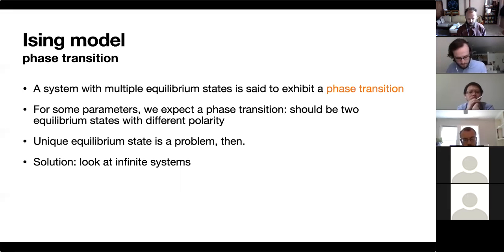I find that a little unsatisfying to just say, but we'll get back to that, building a correspondence between an ideal infinite system and a finite system. We'll definitely get back to that more explicitly next week. But for now, we can look at infinite systems, which are supposed to be ideal in some sense, and see if they have the behavior that we want.